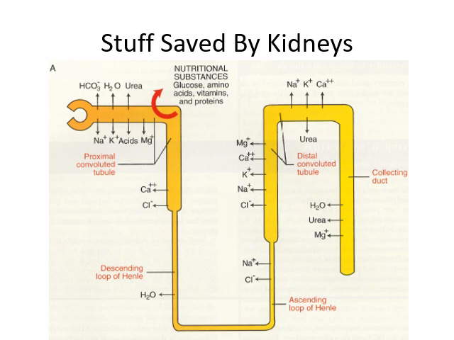So in the opposite direction, things that are saved by the kidney: we have bicarb, we have water, urea, we've got electrolytes, sodium, potassium, we've got some acids, magnesium, calcium, and chloride, which are all going to be resorbed and put back in the blood by the nephron. The nephron recognizes all these things. We're going to have a lot of management of water and sodium and chloride in the loop of Henle. And then over here, we're going to have a lot of ions that we have to deal with.